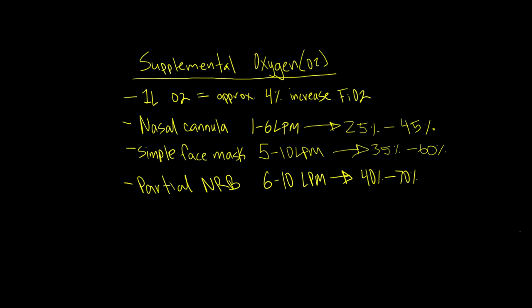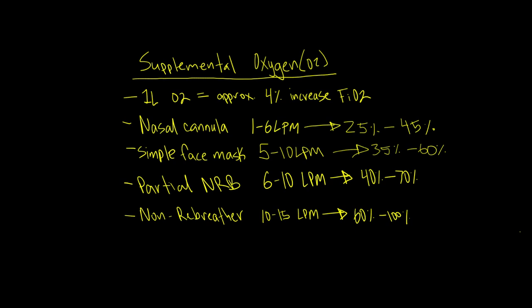At this point, you're kind of starting to look at what might be going on if this person might be pretty sick. One of the last levels of supplemental oxygen that we can give is the non-rebreather mask. This is usually a pretty oh crap moment. I'm in trouble if they end up needing this supplemental oxygen, because this one is intended to give about 100% FiO2 if it's fully inflated all the way.